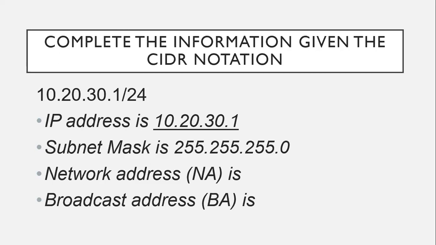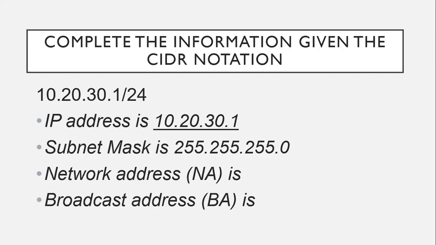Now, how do we solve for the network address? Now, since it's /24, or simply you have 3 bytes used in your subnet mask, the shortcut is we will just copy the 3 terms of your IP address.